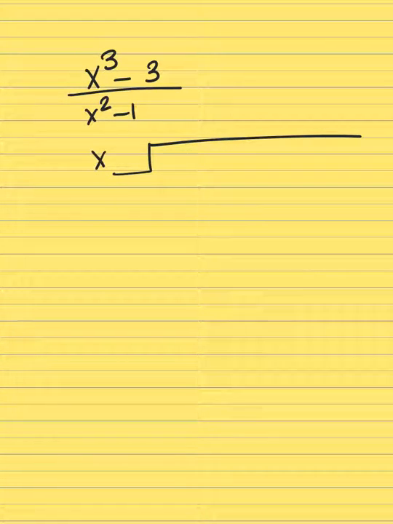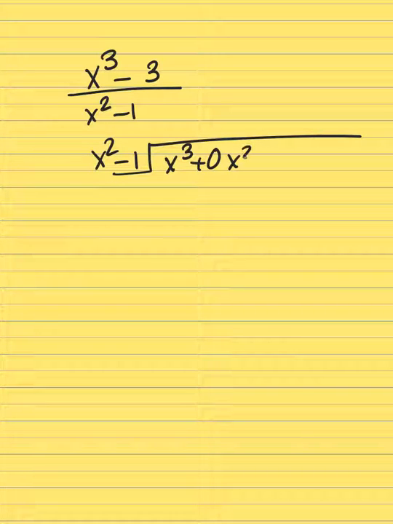The x squared minus 1 is going to go on the outside. Inside, I have an x cubed, and then I have a 3. I don't have an x squared. I don't have an x. I got to put placeholders for those spots. So x cubed is my highest degree, but I have to go down a degree each one. So I've got 0 x squares plus 0 x's and a minus 3. So this still is x cubed minus 3 with the zeros in the middle, but I've got placeholders for those other spots so I don't confuse myself.